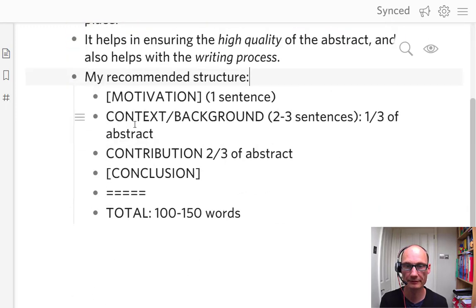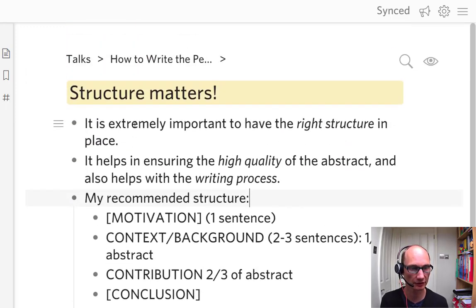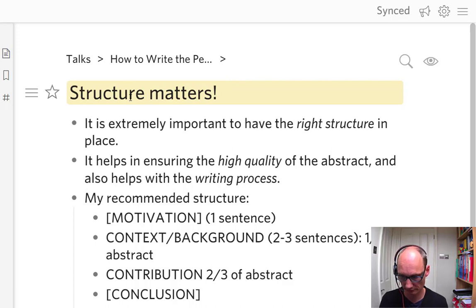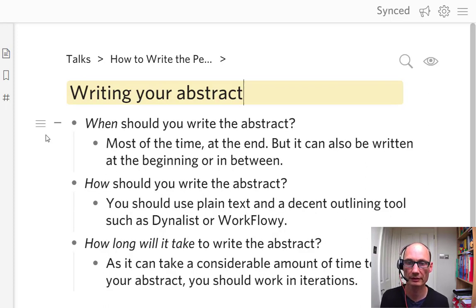So now that we've clarified the structure, we want to briefly talk about how to actually write it. Okay. So when should you actually write the abstract within your report writing process?